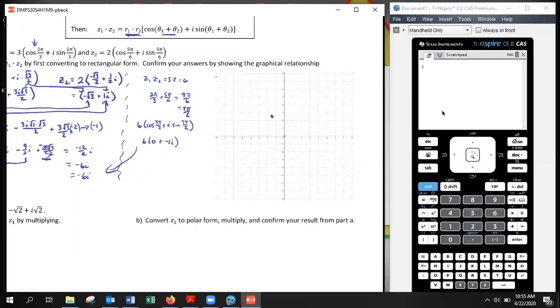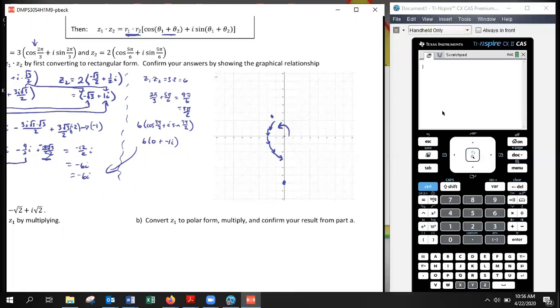So we had 2 pi over 3, and then we also have 5 pi over 6. If we start there and we go 5 pi over 6, this is 1 pi over 6, 2 pi over 6, 3 pi over 6, 4 pi over 6, 5 pi over 6. So if we add our angles and then we multiply our radii, we end up right here. So this is just kind of a quicker approach, or at least shows that graphical relationship.